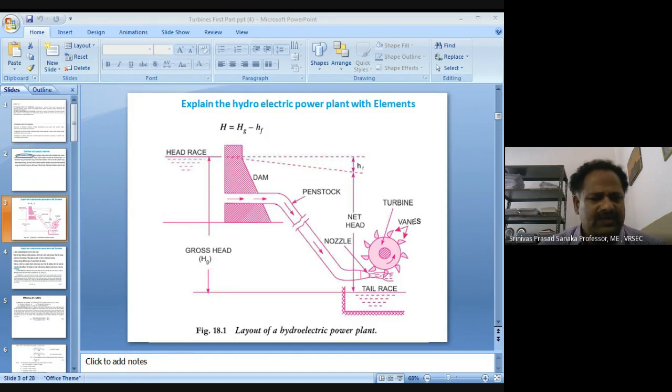The main use of the nozzle is to convert the hydraulic energy into kinetic energy because the selected turbine is an impulse turbine. Impulse turbine means at the inlet of the turbine, the available energy is only kinetic energy.